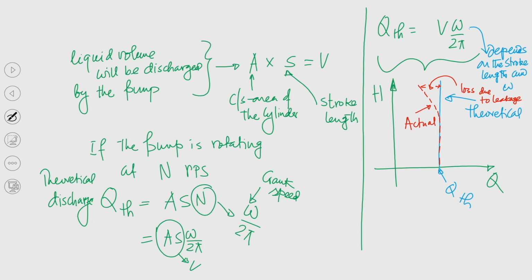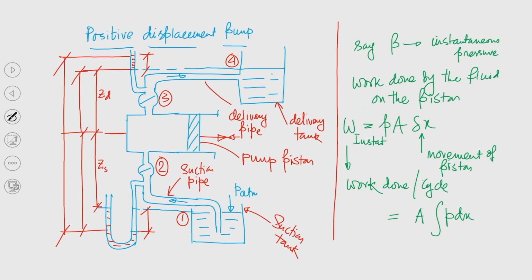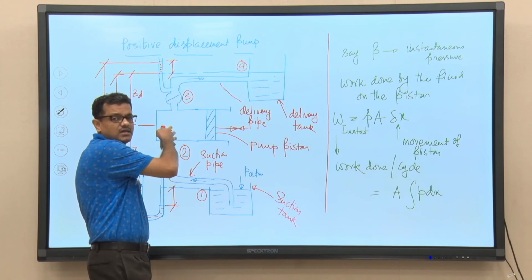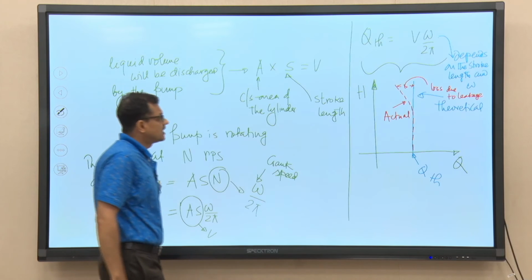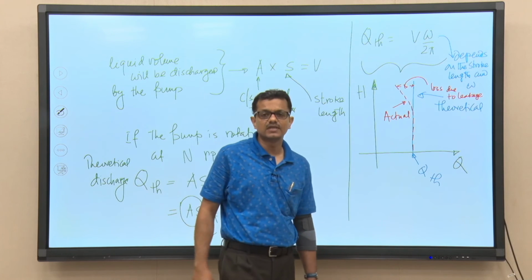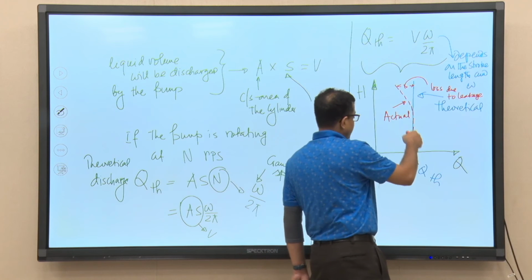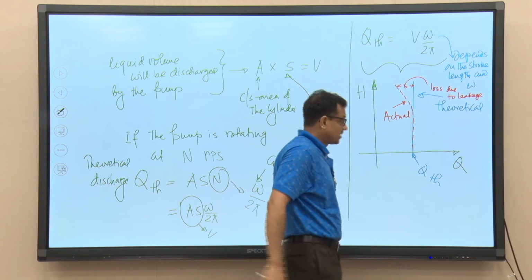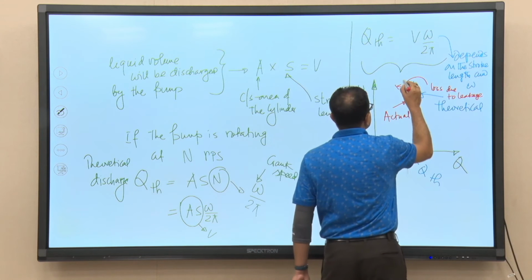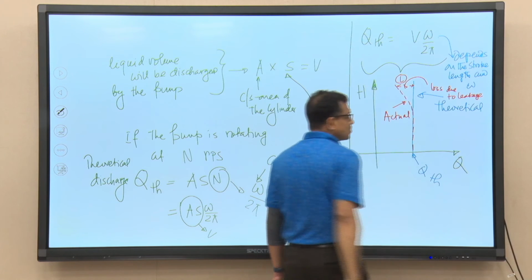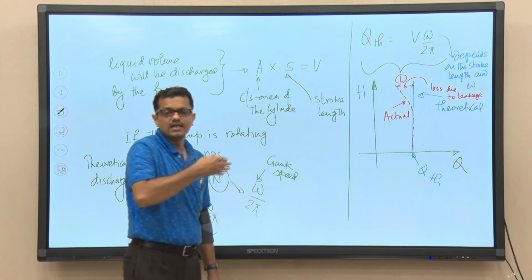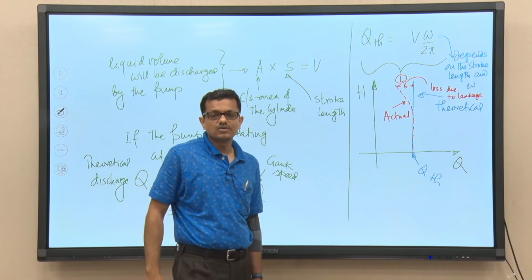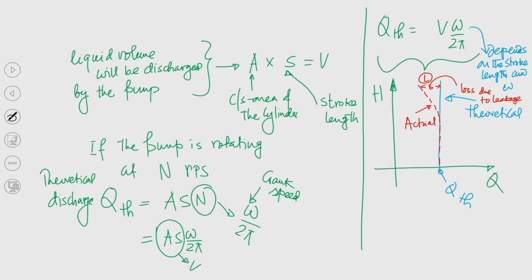At very high head, when the piston is reaching towards the end of the delivery stroke, some amount of liquid will leak through the gland of the delivery valve, and the flow rate that I will be getting is not the theoretical one. Sometimes this loss, say if this is called L, is also known as slip. So, in fluid machines courses, this loss is given by the slip factor.